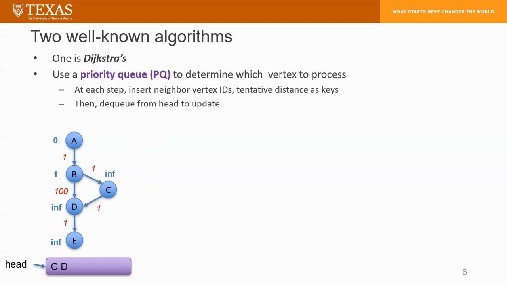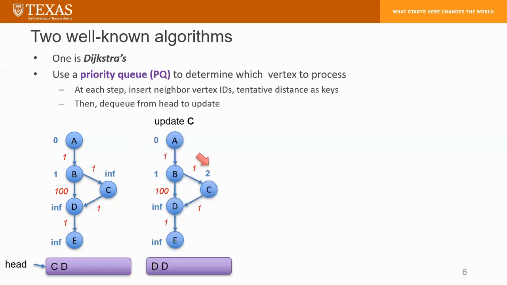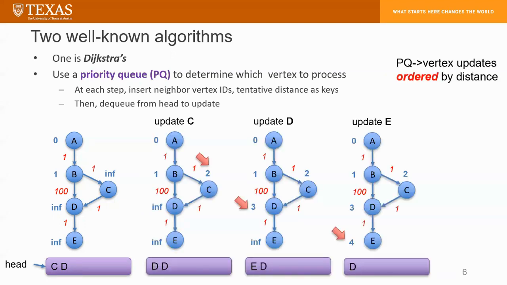And we always dequeue from the head to update. So you can see because of this, C will be updated before D, and so on. The key point here is vertex updates are ordered by distance, and we update each vertex exactly once during the entire execution of the algorithm.